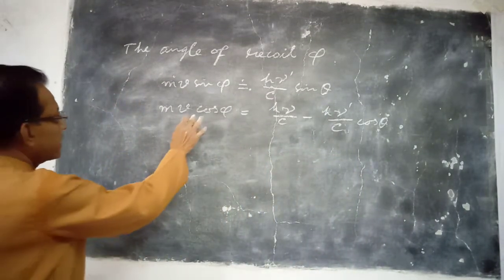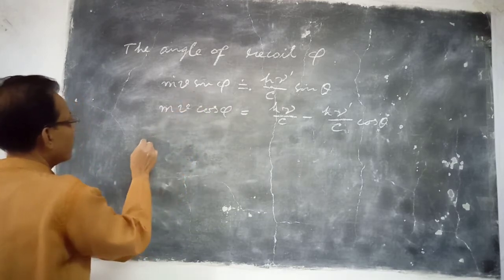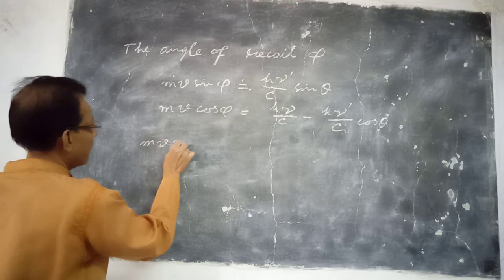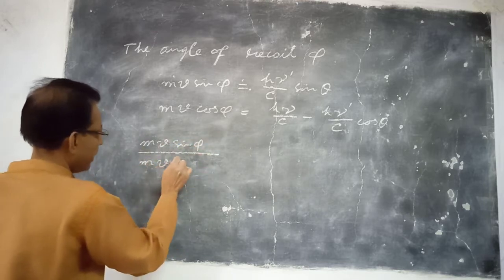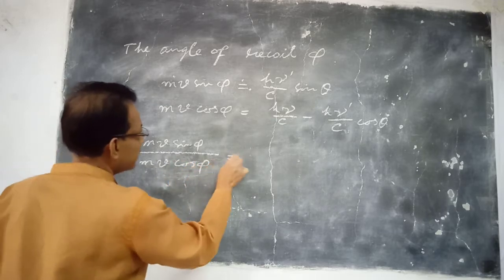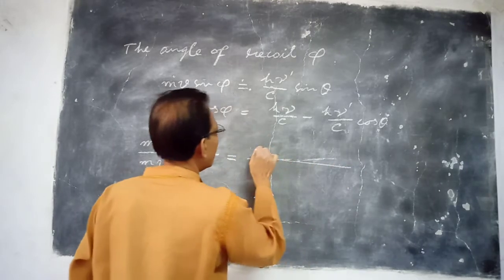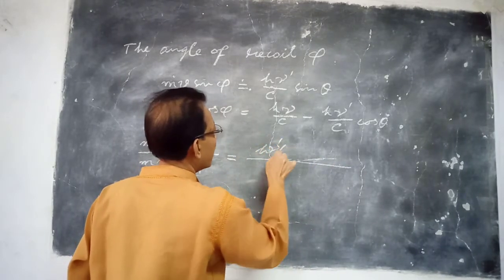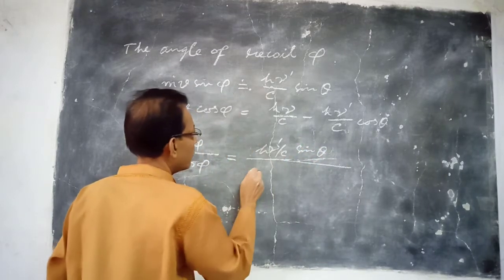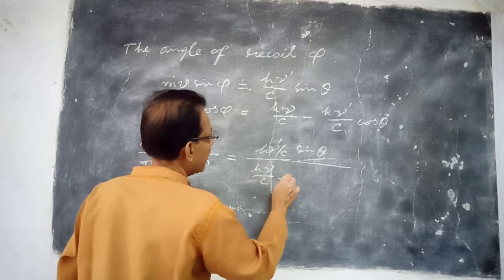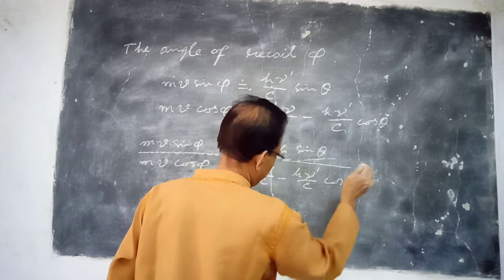Now if we divide this one by this, we get mv sin phi divided by mv cos phi equals h nu prime by c sin theta divided by h nu by c minus h nu prime by c cos theta.